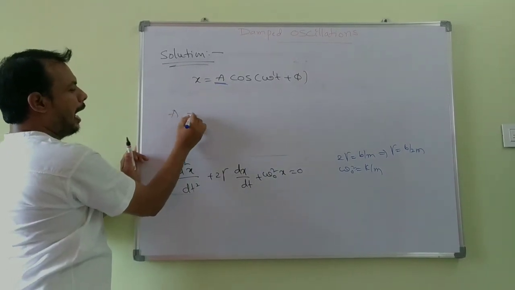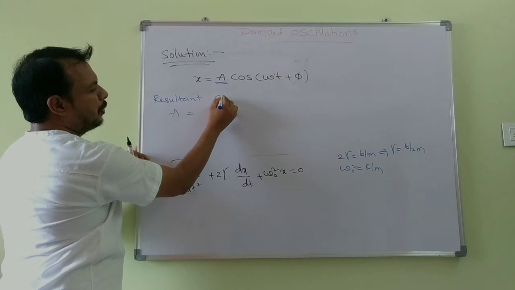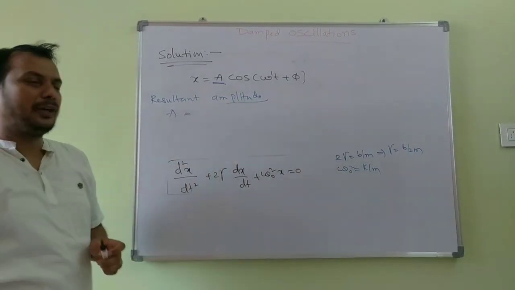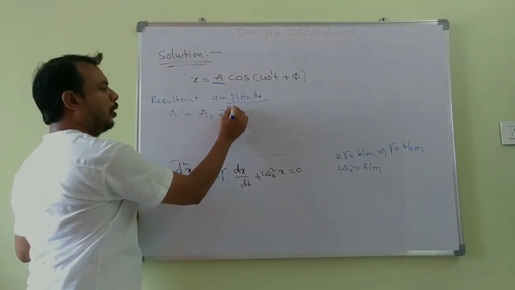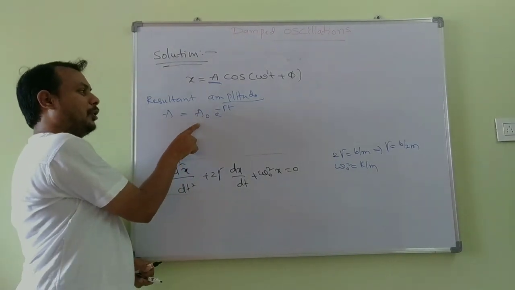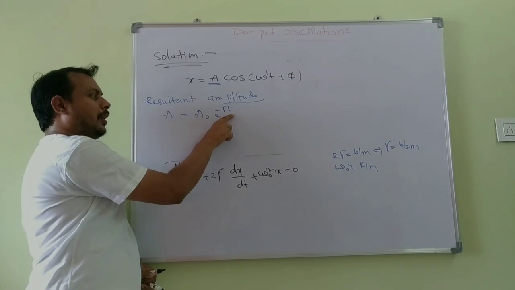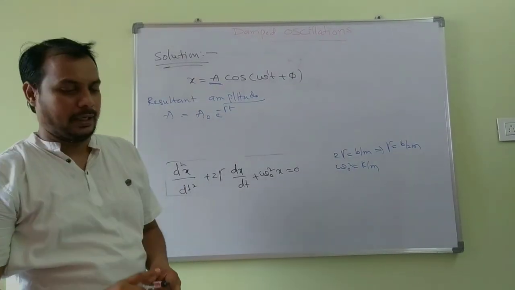A is the resultant amplitude, A equals A naught e power minus gamma t. A naught is the initial amplitude and A is the amplitude at an instant of time. So it decreases exponentially in the case of damped oscillations.